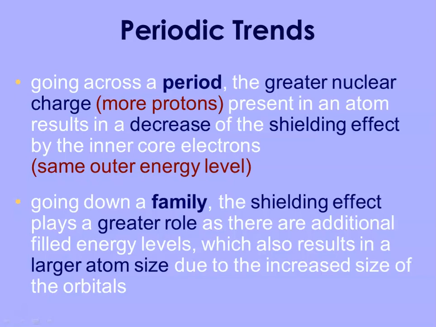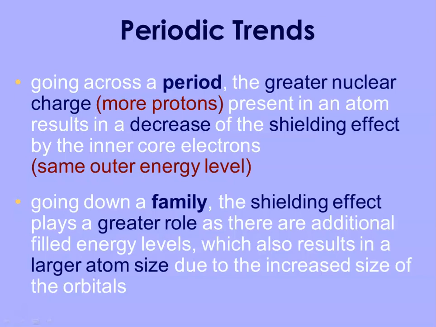So when you're dealing with looking at a set of elements going across a period, you want to take a look at the number of protons that are present in those elements. More protons means more positive charge, and that means more attraction for those outermost valence electrons.